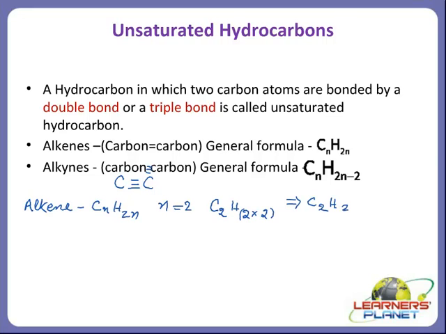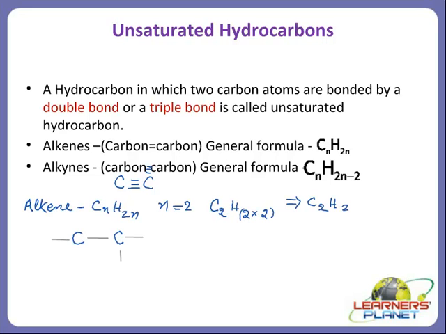There are only 2 carbon atoms. So C, and I'll put a bond between the 2 carbon atoms. So this is another C. Now to how many hydrogen atoms is it bonded? It is bonded to only 4 hydrogen atoms.